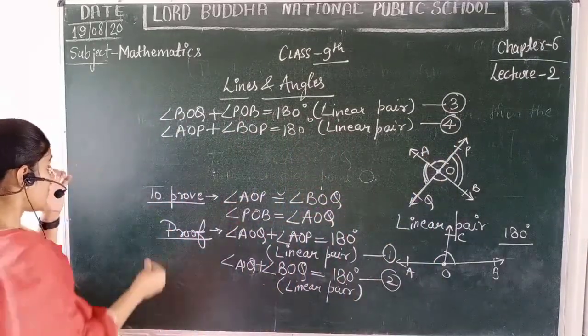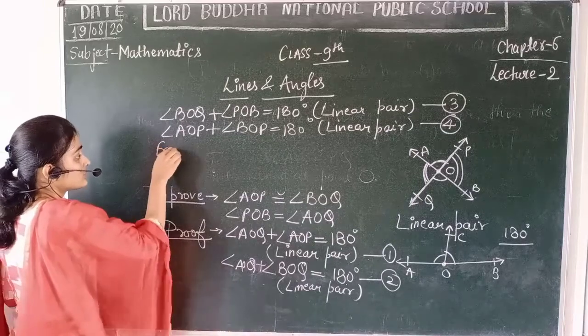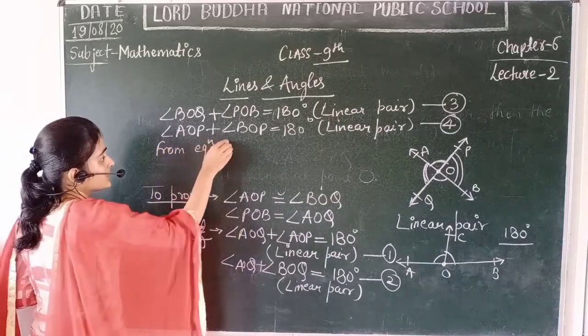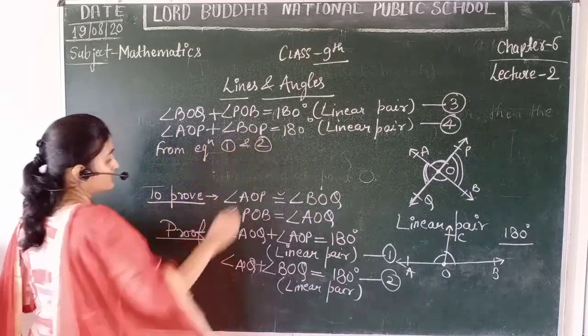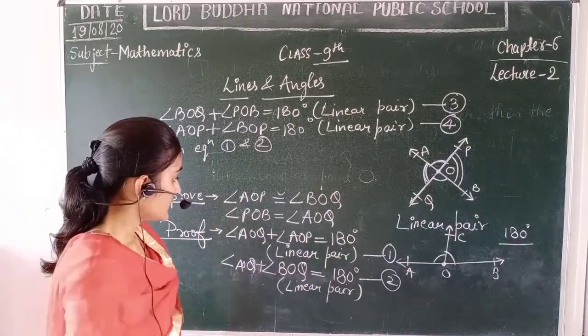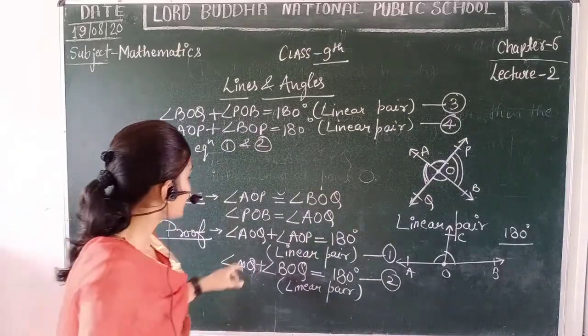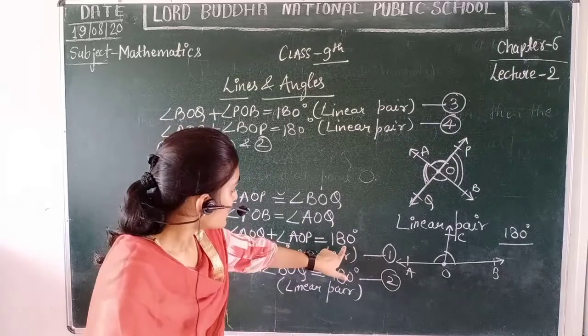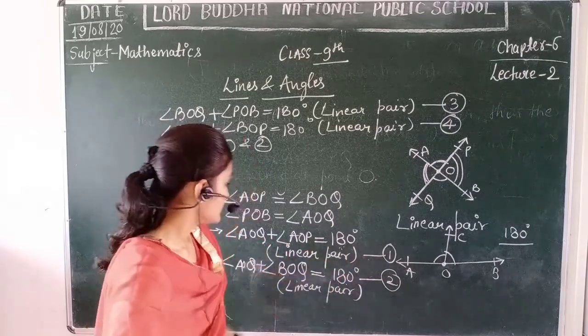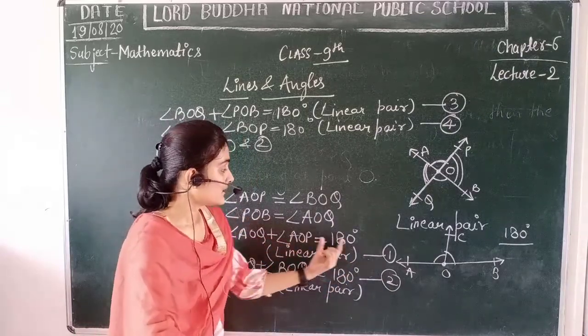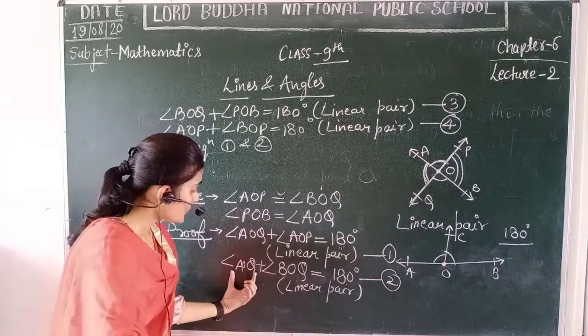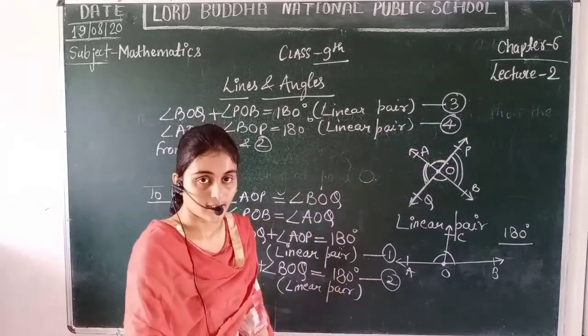Now, let's see what we get from equation 1 and 2. We can see both are equal to 180 degrees. AOQ plus AOP equals 180 degrees. Also, AOQ plus BOQ equals 180 degrees.